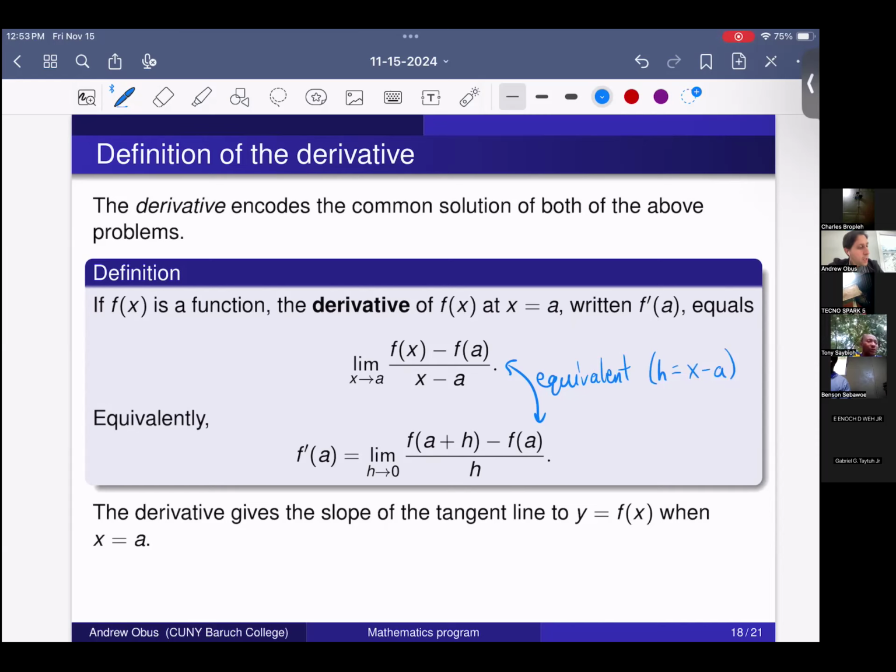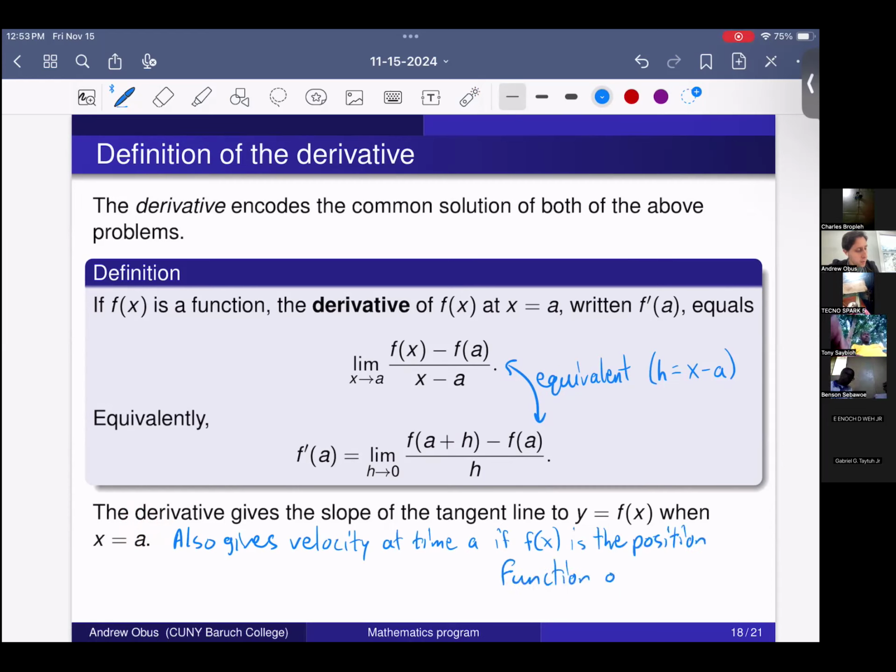Okay? And what does this derivative do? It gives the slope of the tangent line to y equals f of x when x equals a, and I'll say it also gives the velocity at time a if f of x is the position function of time.